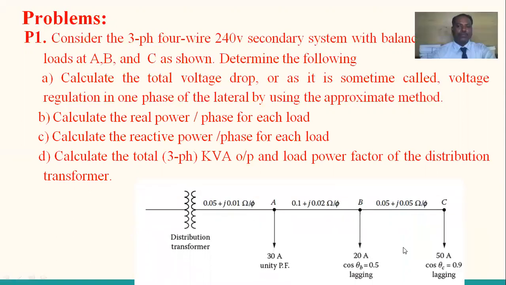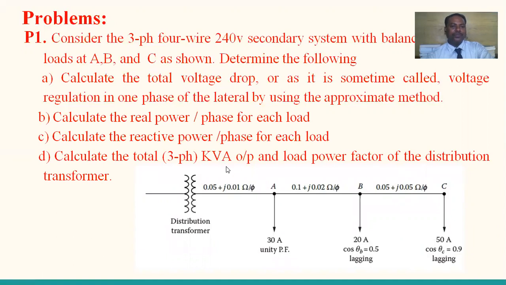Yes. So in this problem, a lateral is given. The lateral commences from the distribution transformer onwards, so it is a distributor. At load point A, 30 amperes current is diverted at unity power factor.